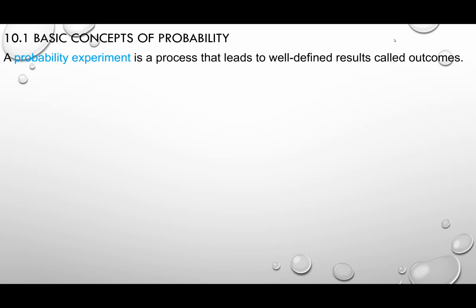The probability experiment is, in short, what we try to do or what we try to accomplish. For instance, if I flip a coin, that is the experiment, because I don't know if the coin will land on a head or a tail. If I pick out a card, then again, that is my experiment. It's basically what we try to see, what the outcome is going to be.